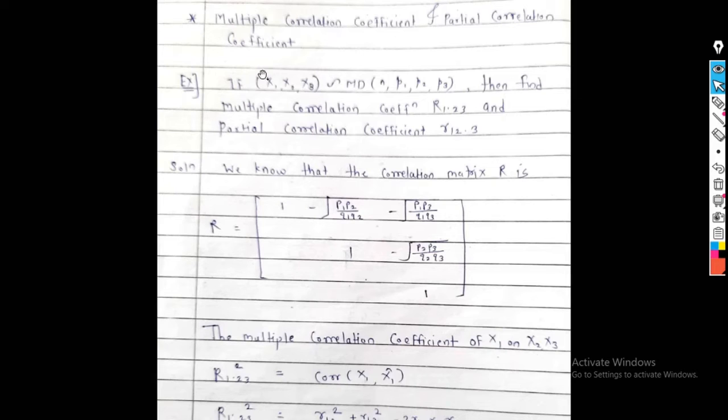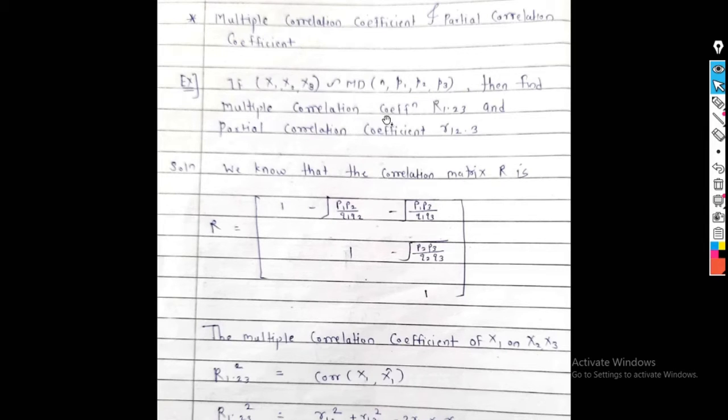For this, consider the first example: if x1, x2, x3 follows multinomial distribution with parameters n, p1, p2, p3, then find multiple correlation coefficient, that is R1.23.